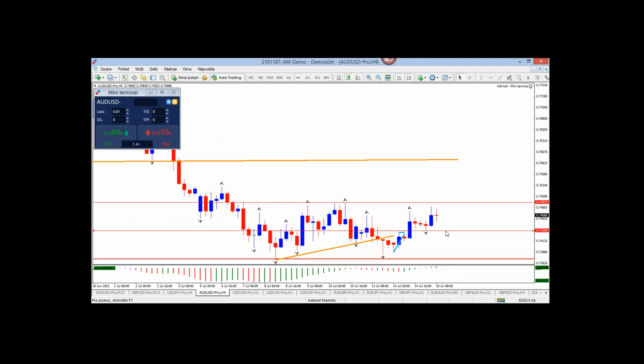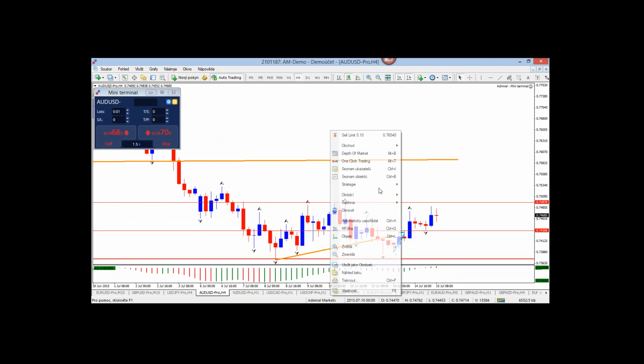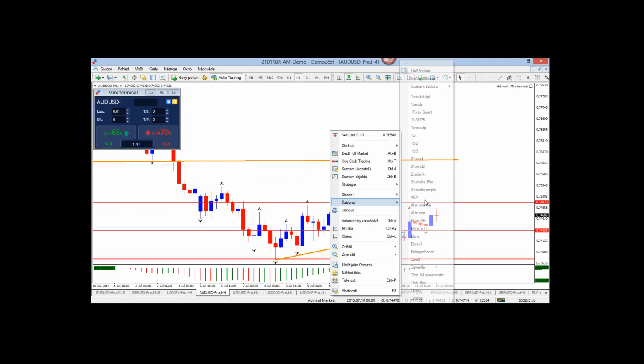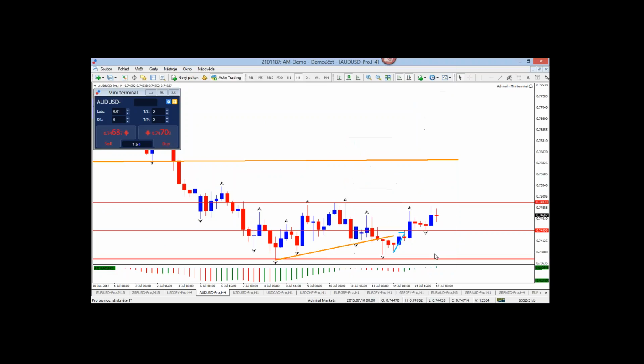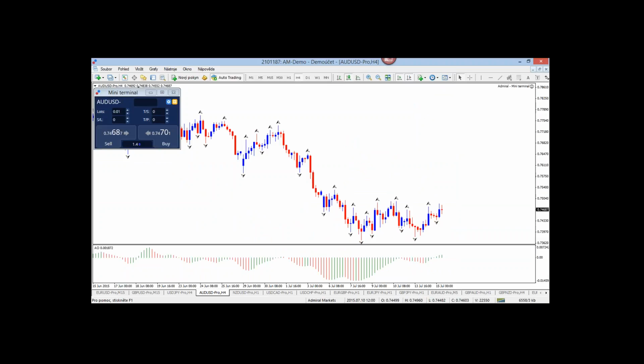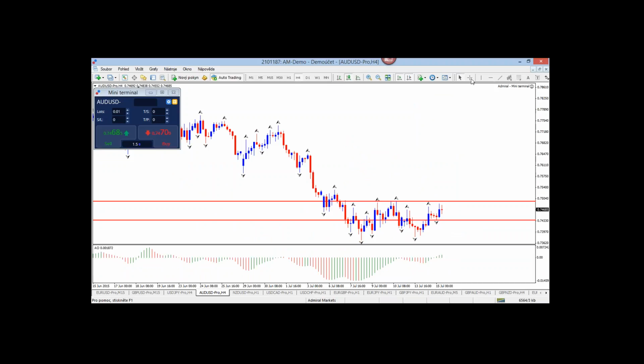This fractal could become important right here. Let me renew the chart. This fractal could become important, but this 4-hour candle has to close. If it does, that could be the breakout level for downside.